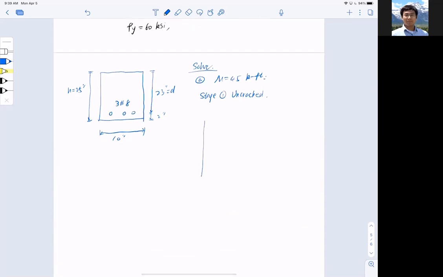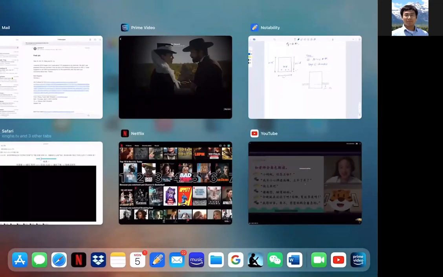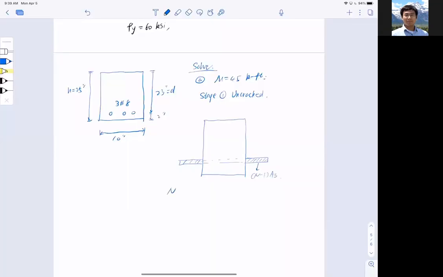The section looks like this, and I just have to do a conversion by adding 2 little wings on the side, definitely in the middle of it, and this is n minus 1 times As. Now, first thing is I want to find n, which is the modular ratio, equal to ES over EC.